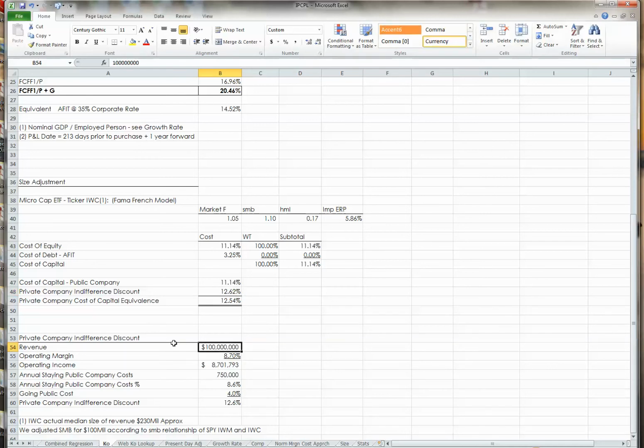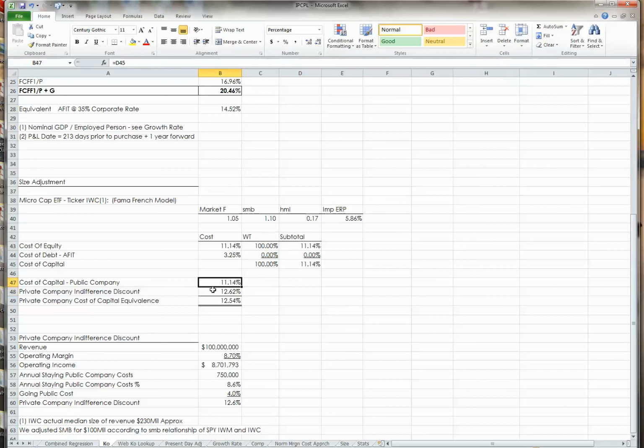So there we take the cost of staying public and the cost of going public. Cost of staying public annually is $750,000 from surveys for small publicly traded companies. The cost of going public is about 4%. So the total discount to value for those two things is around 12.6%.